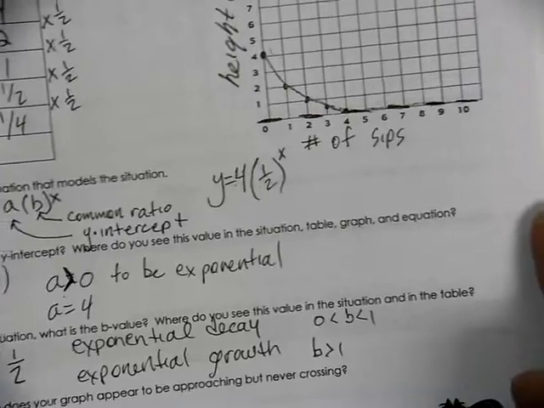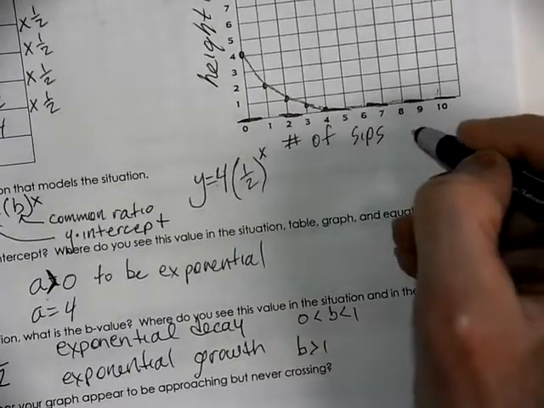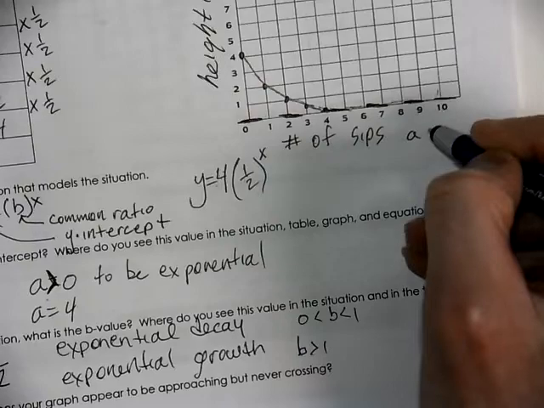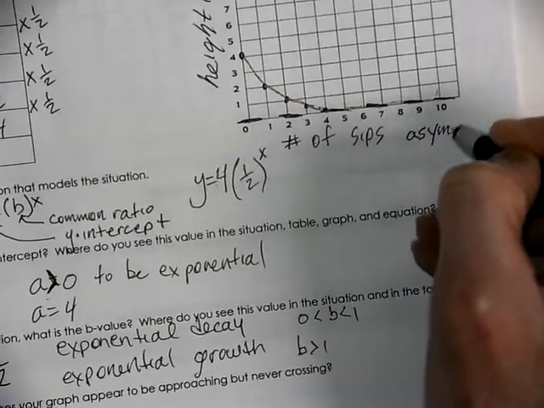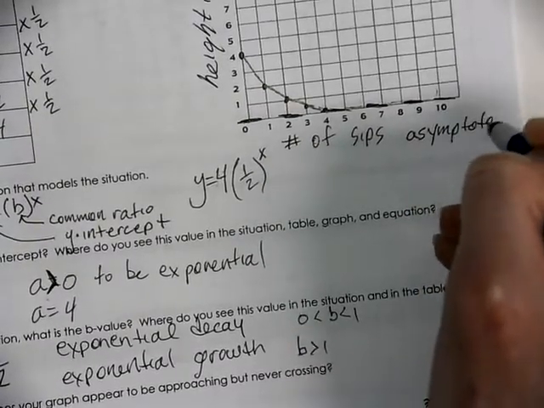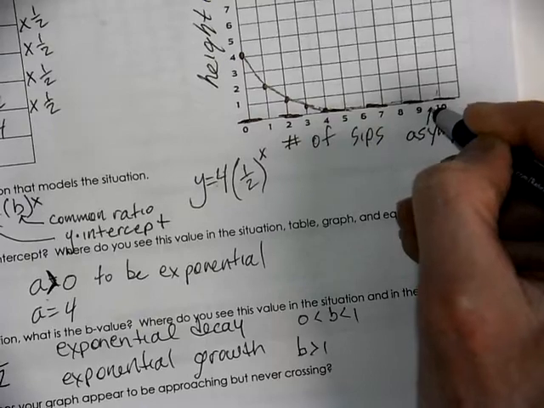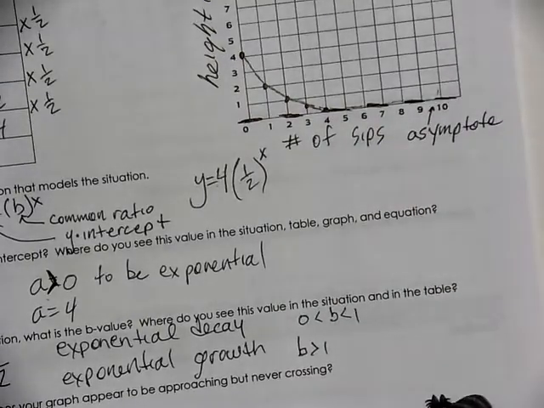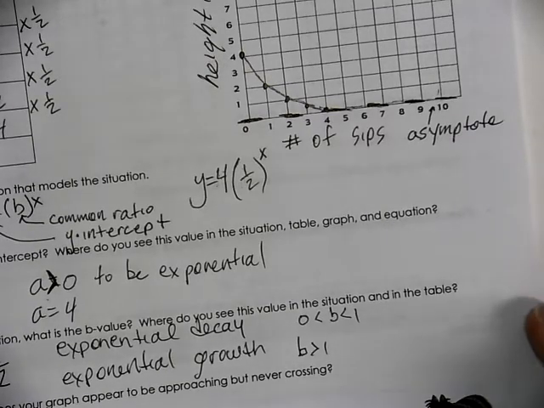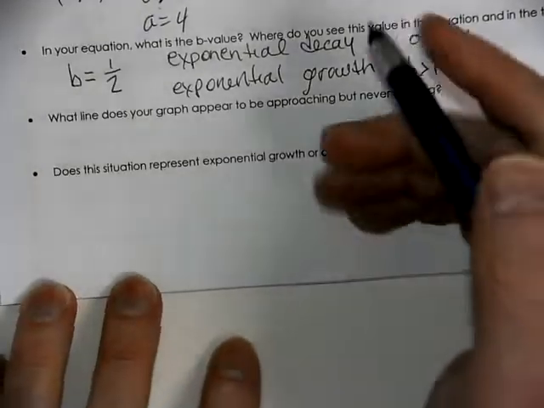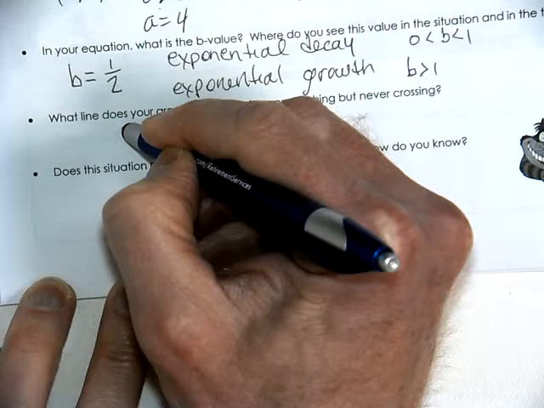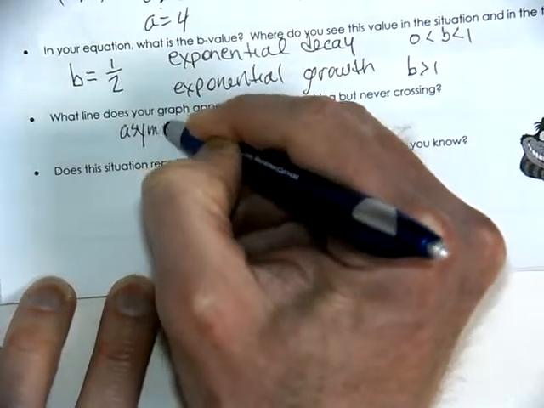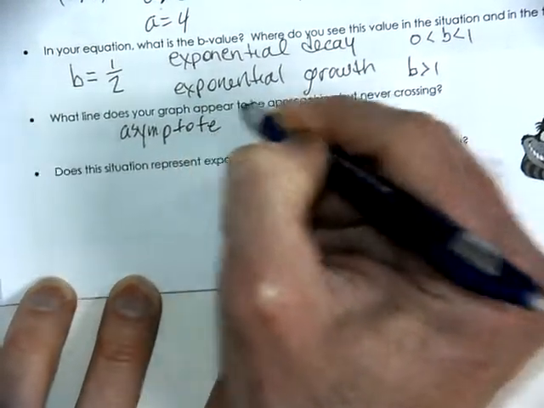So this is called an asymptote. We did asymptotes earlier with rational equations. The line that your graph approaches but never hits is going to be an asymptote. So we have an asymptote at y equals 0.